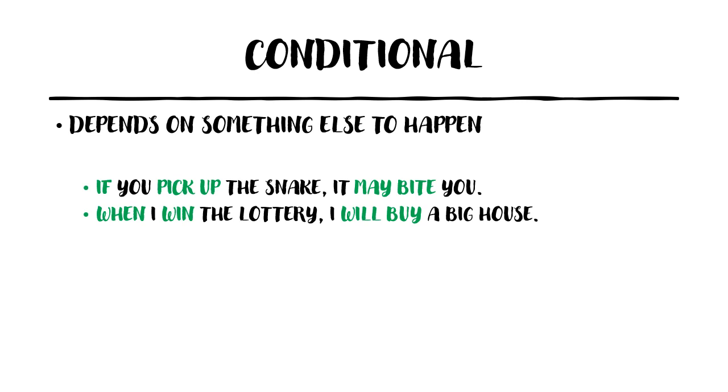Therefore, if I don't touch the snake or pick it up, it won't bite me. When I win the lottery, I will buy a big house. I cannot buy the big house if I haven't won the lottery. Therefore, winning the lottery is the condition for me buying a big house.